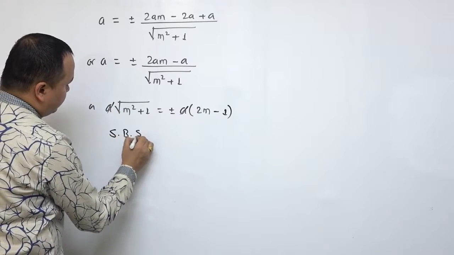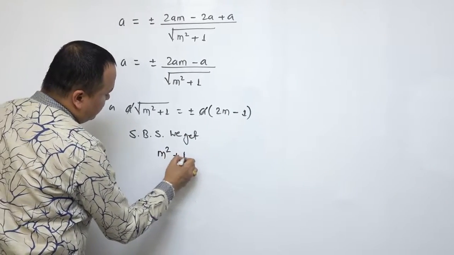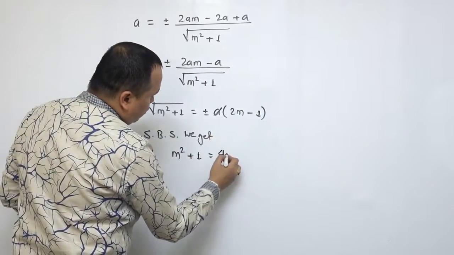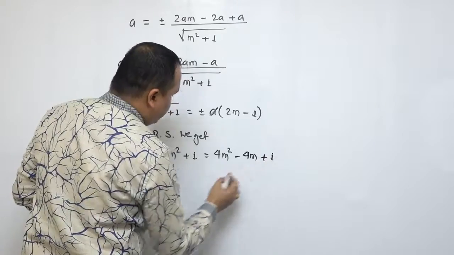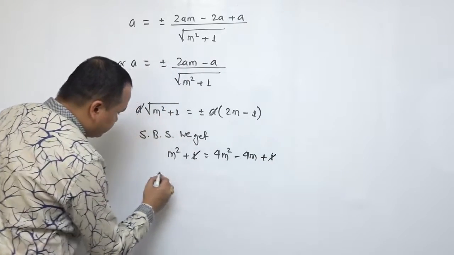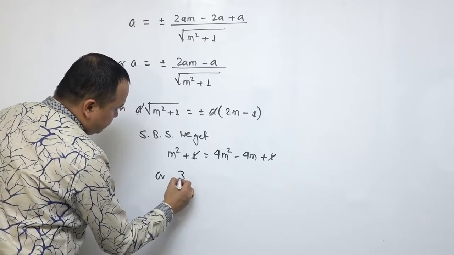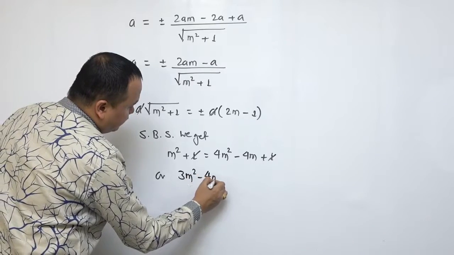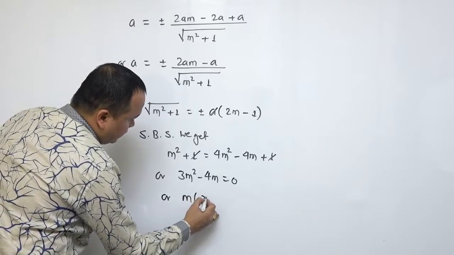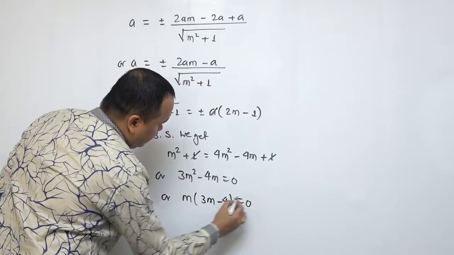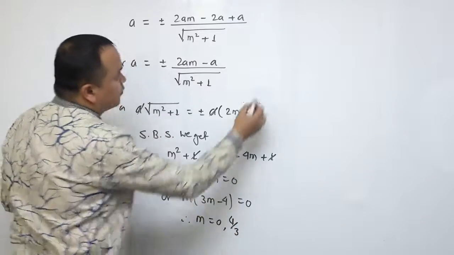Squaring on both sides, we get m square plus 1 is equal to 4m square minus 4m plus 1. 1 again cancels, or 4m square minus m square, 3m square minus 4m is equal to 0, or m common, 3m minus 4 is equal to 0. Therefore, m is equal to 0, 4 upon 3.